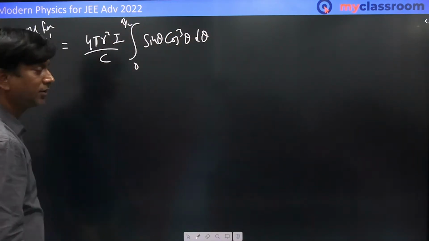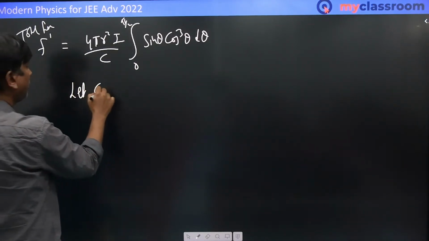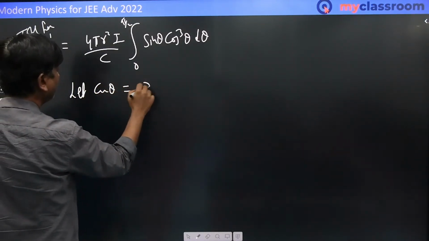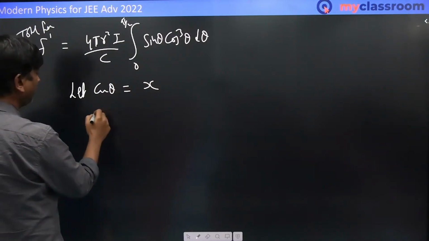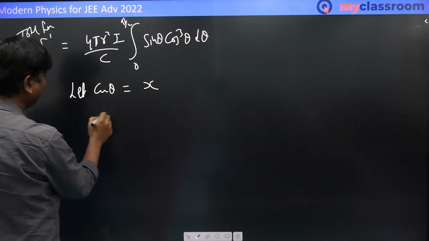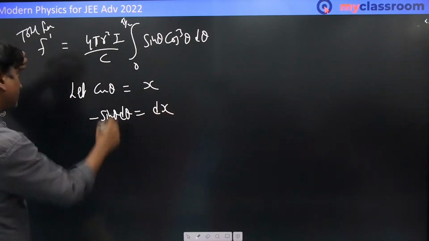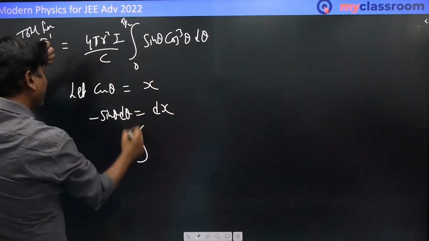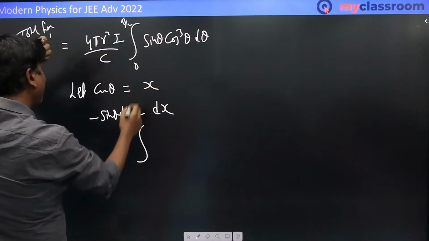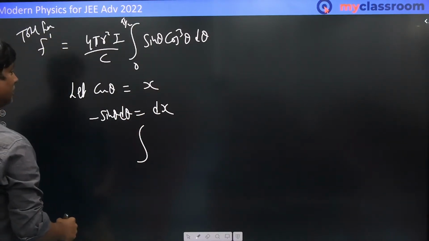So let cos theta is equal to some x, okay, then you will be getting minus sin theta d theta equal to dx. So that integration will be, sin theta d theta is minus dx and cos theta is x, right?